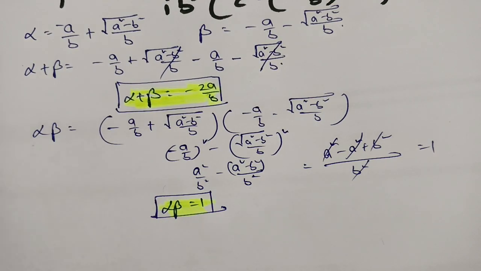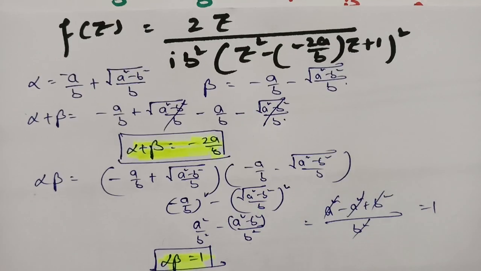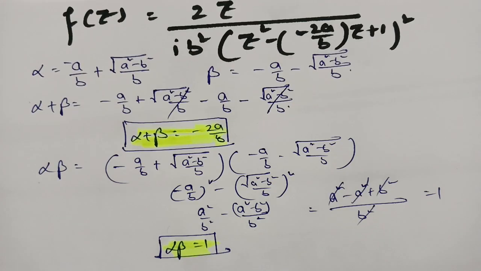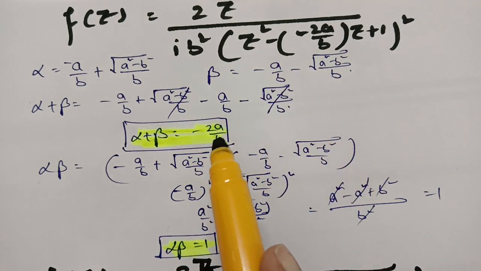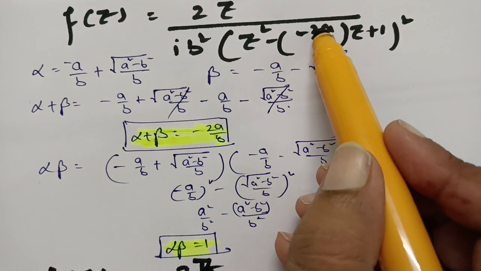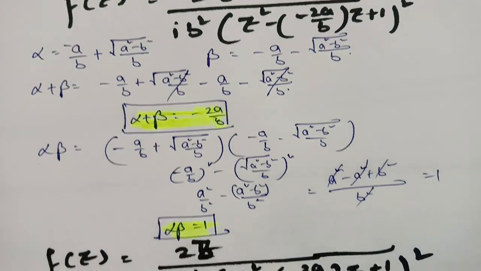See, what is our f of z value? F of z is equal to 2z by i b square into (z square minus 2a by b z plus 1) whole square. Clear? So this is our f of z. In place of minus 2a by b, I am writing alpha plus beta, and in place of 1, alpha beta.